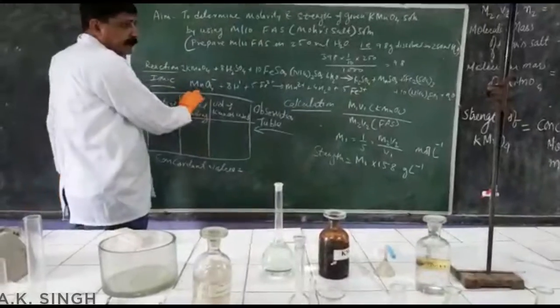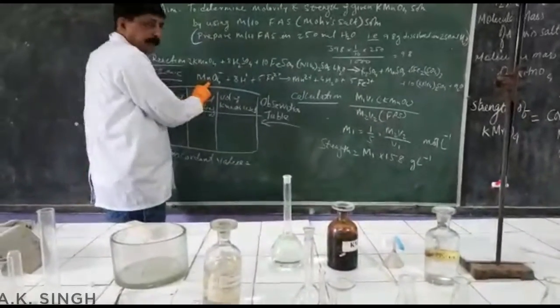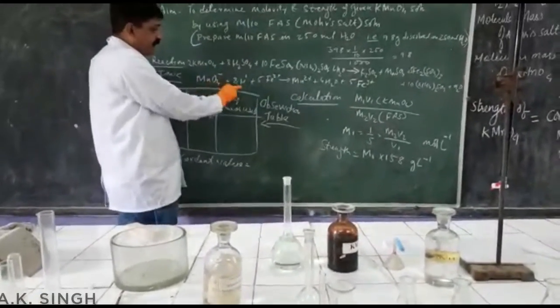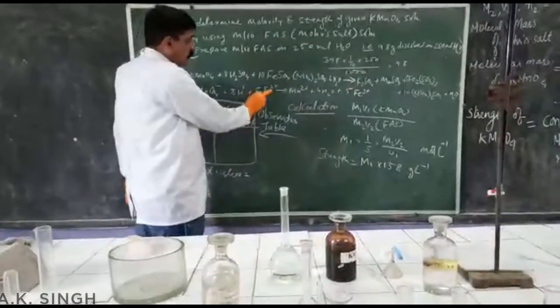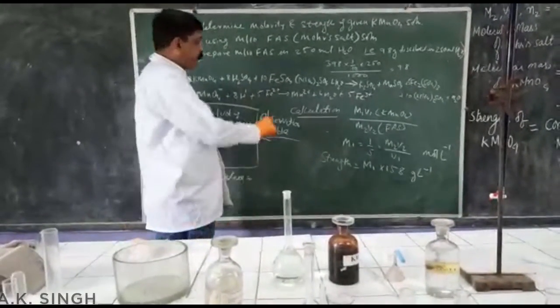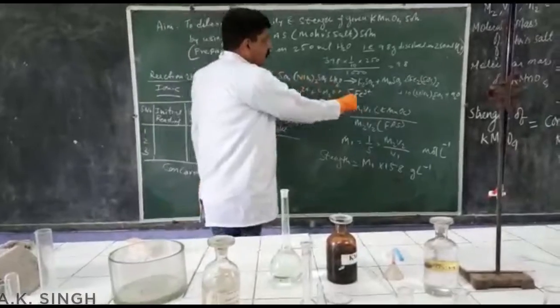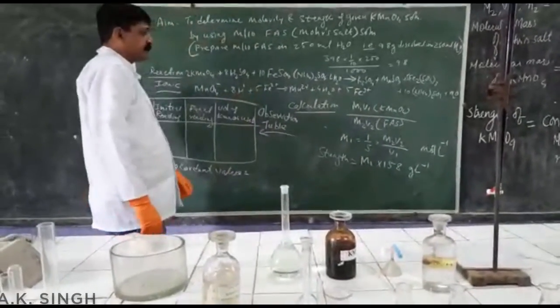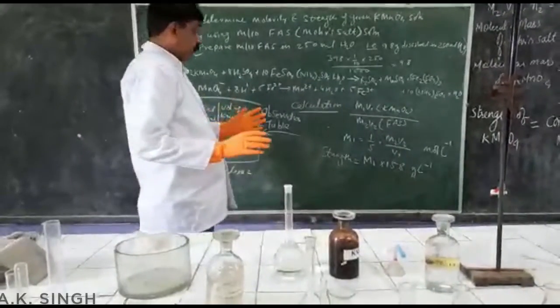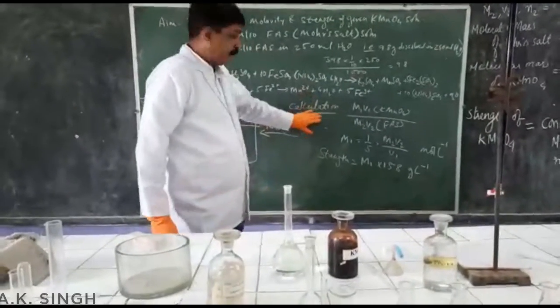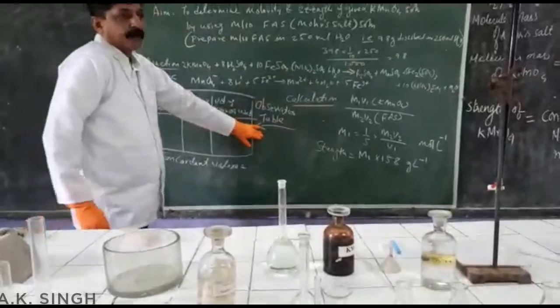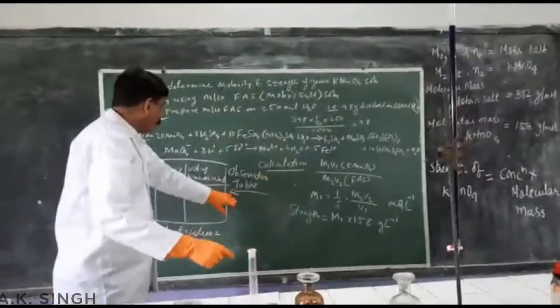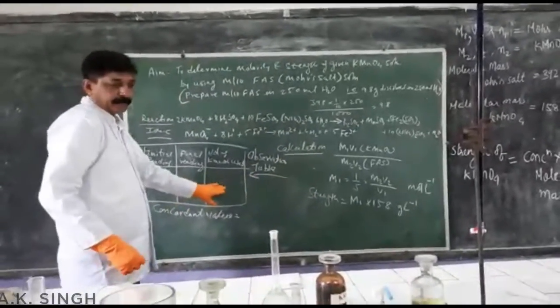Now this is the ionic equation. MnO4 minus, permanganate ion in acidic medium H plus, reacts with ferrous ion, Fe2 plus, that is converted to Fe3 plus ion. So this is the ionic equation. Next is the calculation part and the observation part. By titration, we will see what values are to be filled in here.